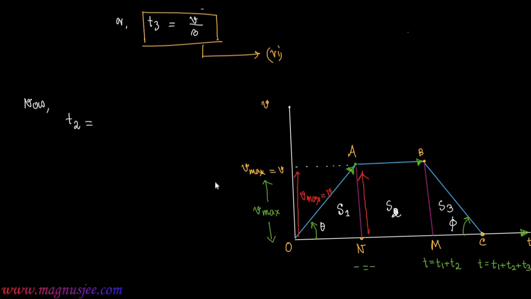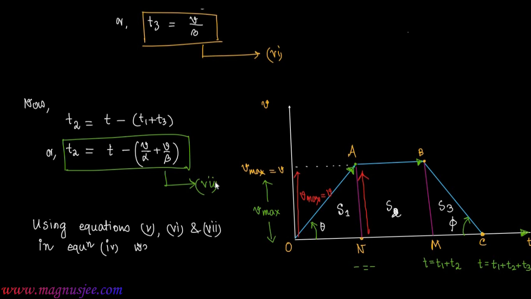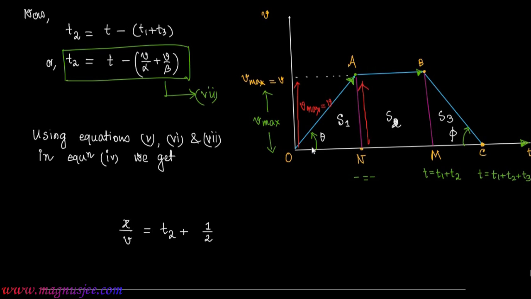Now T2 is equal to total time interval T minus T1 plus T3, equal to T minus bracket open V by alpha plus V by beta. We get T2 as equal to T minus V by alpha plus V by beta, which is equation 7. Using equations 5, 6 and 7 in equation 4, x by V is equal to T2 plus half T1 plus T3.